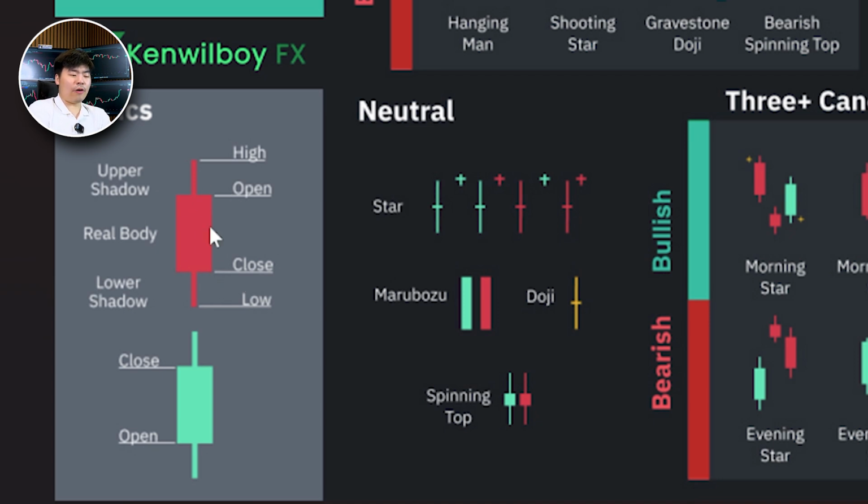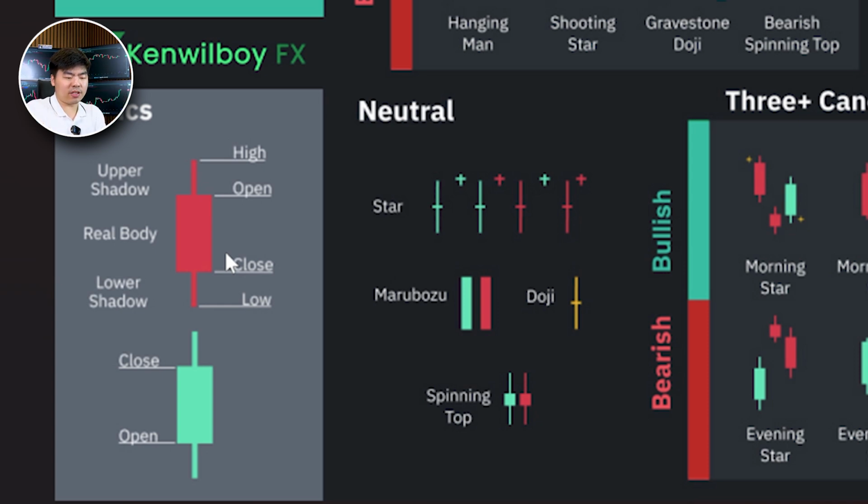So what is the function of the wicks? Well, the wicks indicate the highest and lowest price during that particular period. So for example, you're using a 5 minutes candlestick time frame. So one candlestick means 5 minutes in real world time.